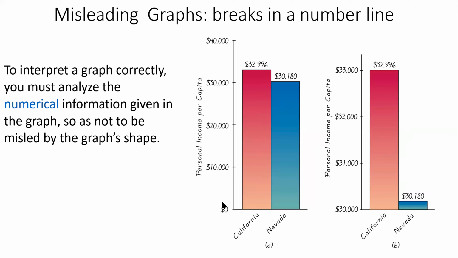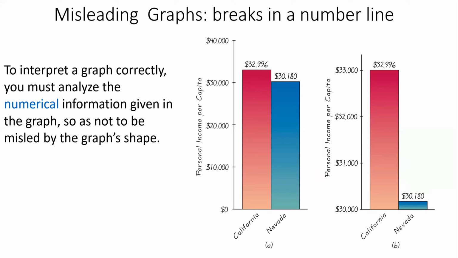Both graphs are showing the personal income per capita in California and Nevada. The number for California is 32,996, and for Nevada is 30,180. So there is a difference, but the difference is not that huge.